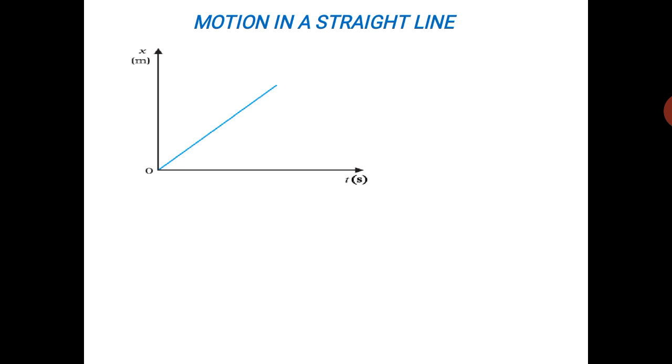For example, at t equal to 0, the position is 0. At t equal to 2, the position is 5. At t equal to 4, the position is 10. At t equal to 6, the position is 15. So like that. What it means is that for every interval of time, the change in position is the same.